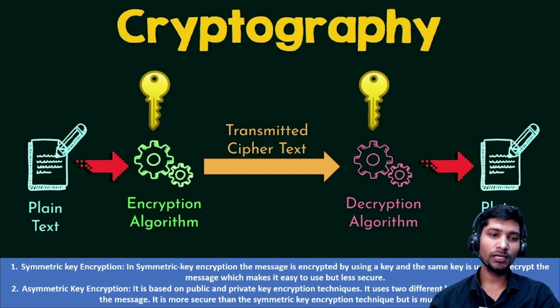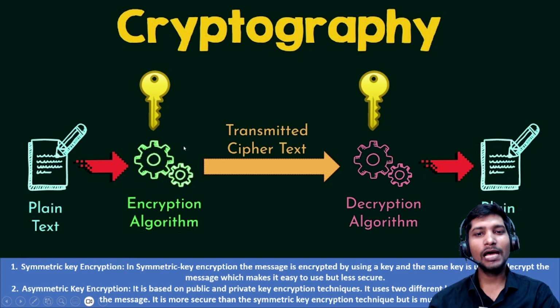So these are the encryption types, generally. But what is actually happening here is that this plain text is changing into some ciphertext, which is in an unreadable form. To read that data, you need to decrypt that ciphertext to obtain the plain text.